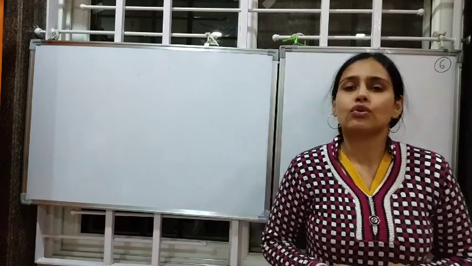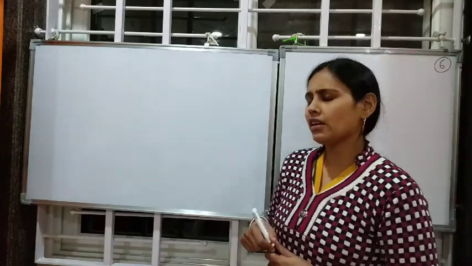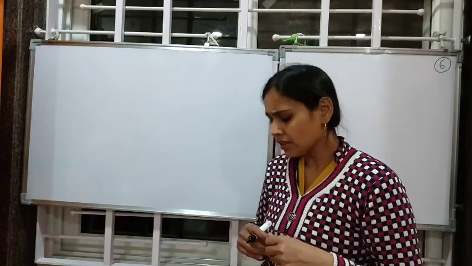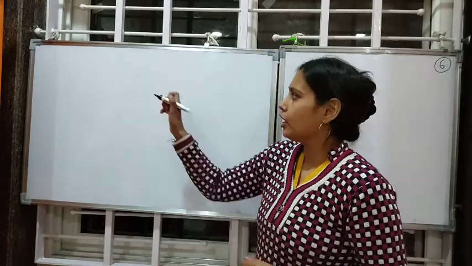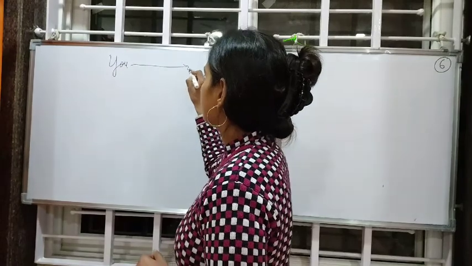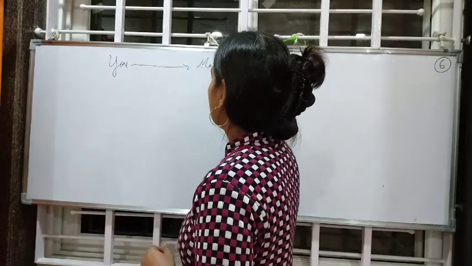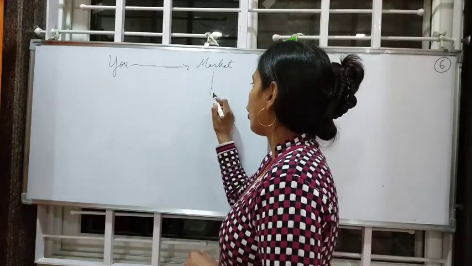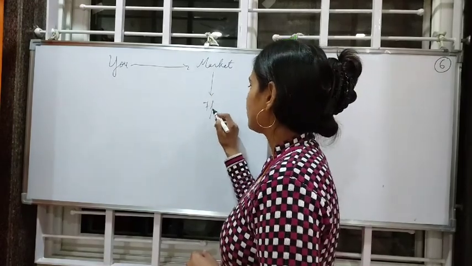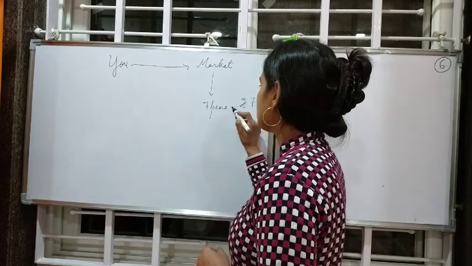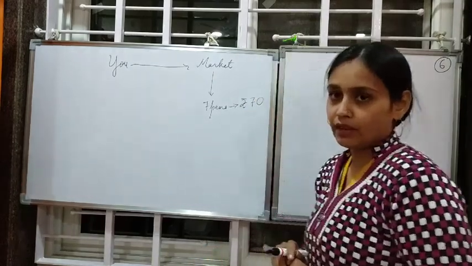So we start with an example. Let's take a very easy example. Suppose you went to the market for shopping to buy stationery, and you bought 7 pens for rupees 70.